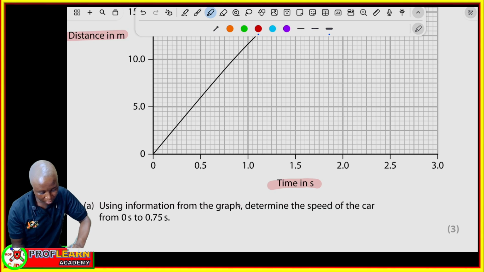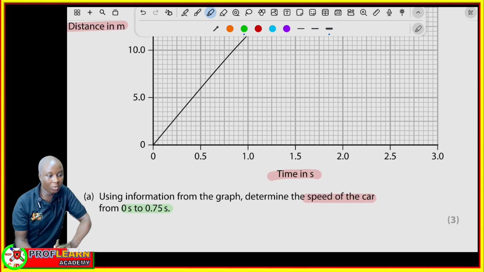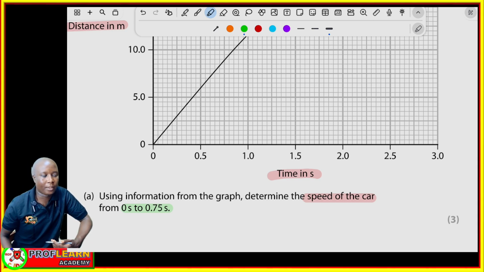Let's see what question was asked. Using the information, determine the speed of the car. We are finding the speed of the car from 0 to 0.75. How do you get speed when you have a distance time graph? Speed is determined by the gradient.